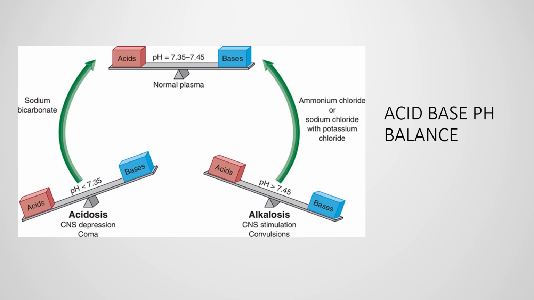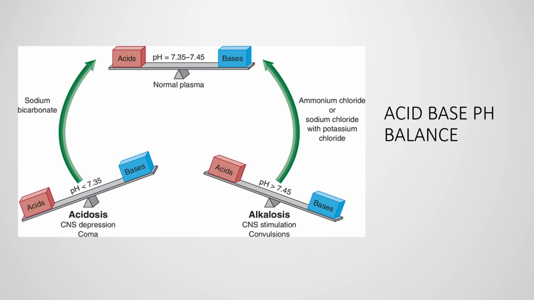Well, we could add some kind of acid, such as ammonium chloride, to the bloodstream, and the acid will combine with the alkalosis to lower the pH back into the normal range.